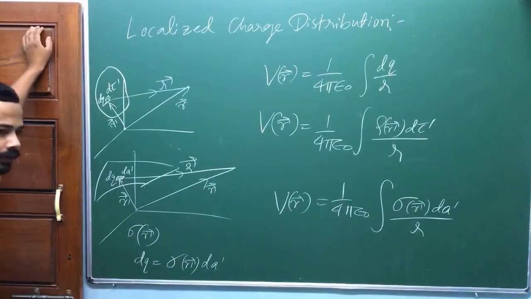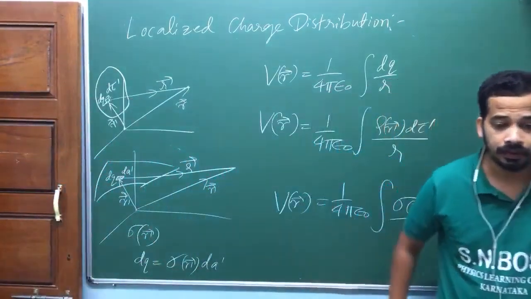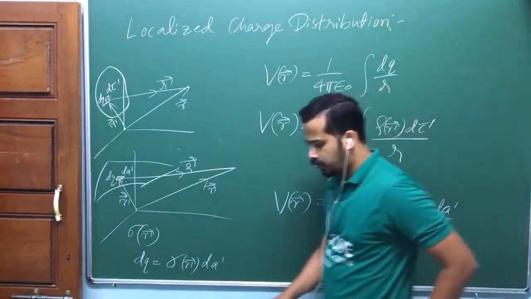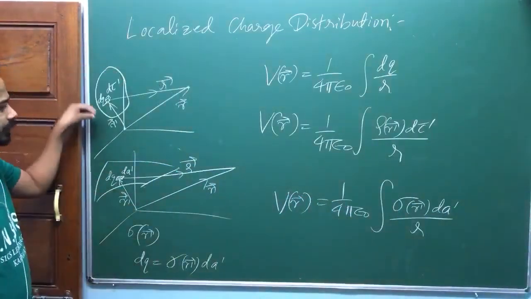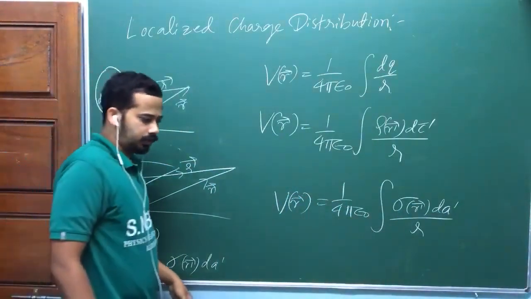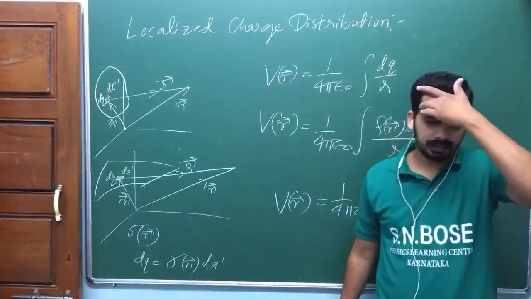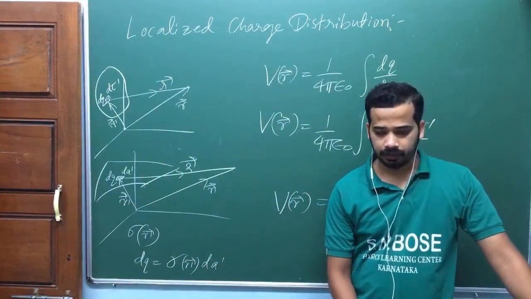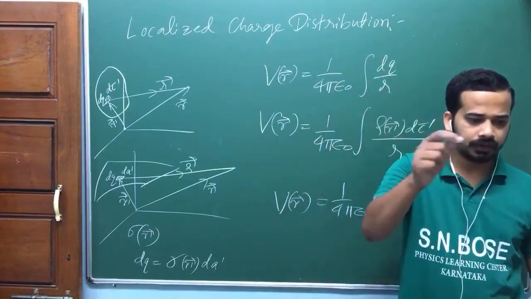Sir, here you wrote rho of r prime. So volume charge density will be a function of r prime. Yes, in the most general case, volume charge density may be different at different points. Why take a special case? Take the generalized case. We have taken many problems earlier, such as a sphere with a volume charge distribution that is a function of radial distance.